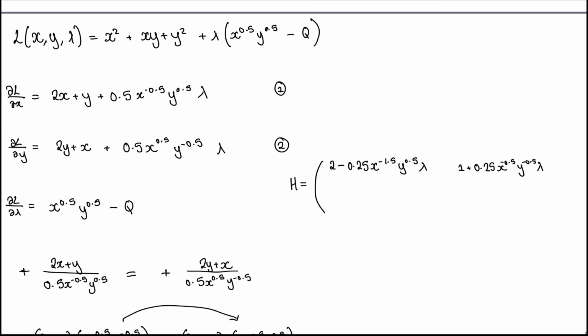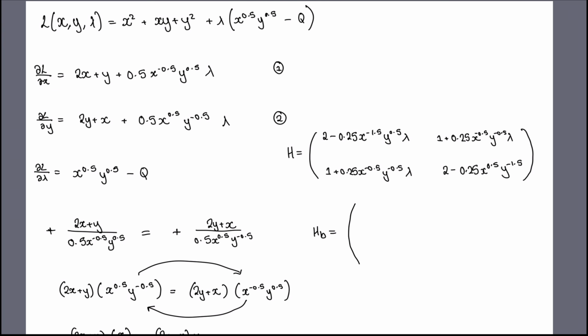Over here we get 1 plus 0.25 x to the power of minus 0.5 y to the power of minus 0.5 lambda. And then over here we get 2 minus 0.25 x to the power of 0.5 y to the power of minus 1.5.